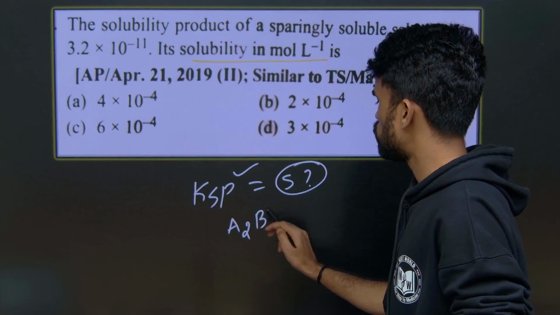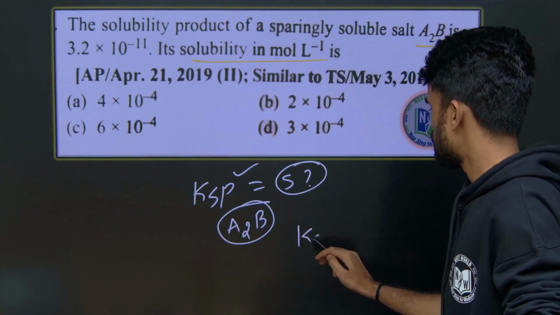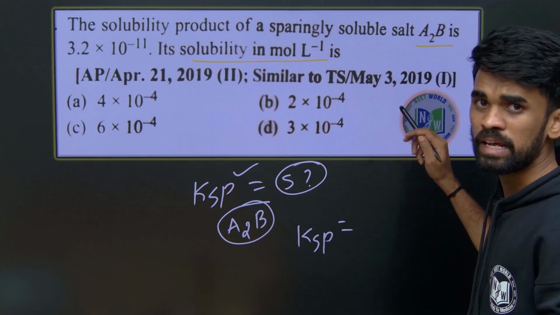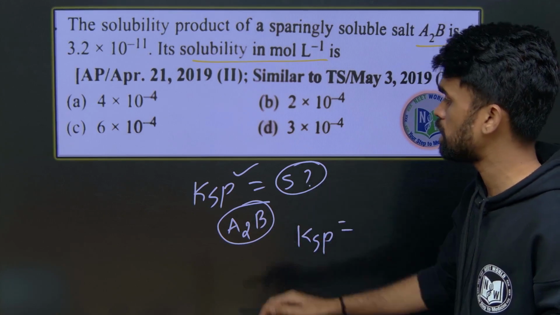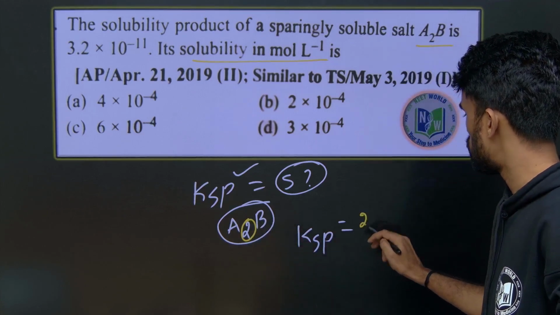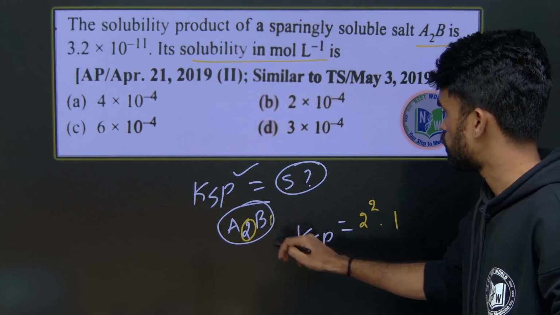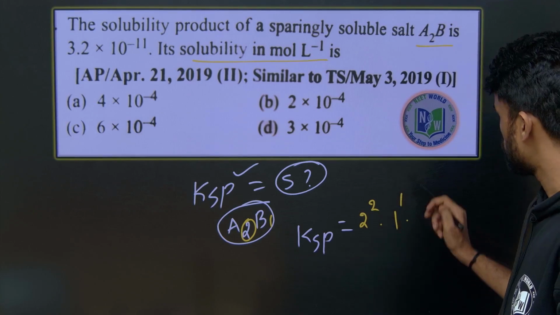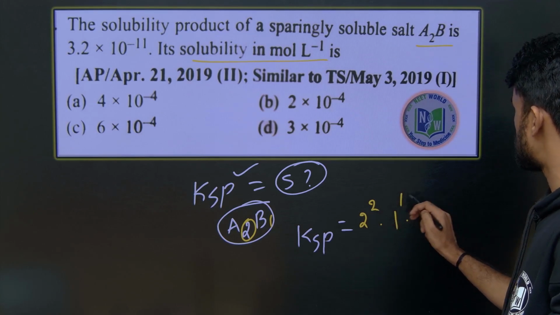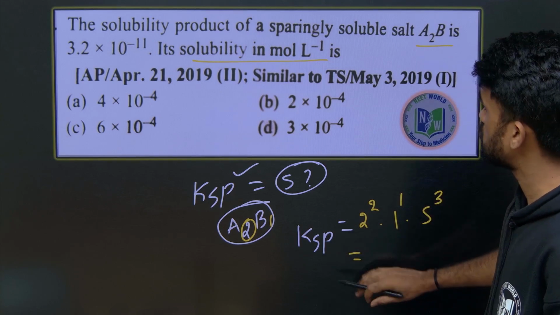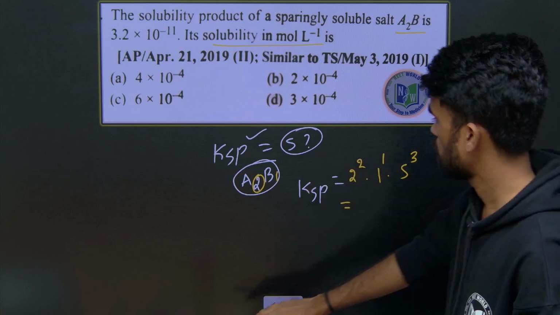We have generalized it: KSP equals X power X, Y power Y, S power X plus Y. S represents solubility, KSP represents solubility product. What is the X value here? 2, so 2 power 2. Y value is 1, so 1 power 1. And S power X plus Y, 2 plus 1, 3. This is what we need to consider here.